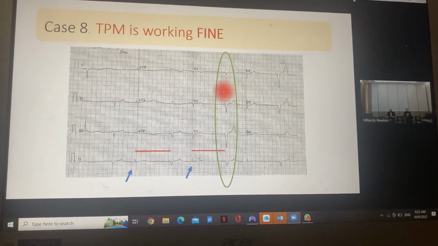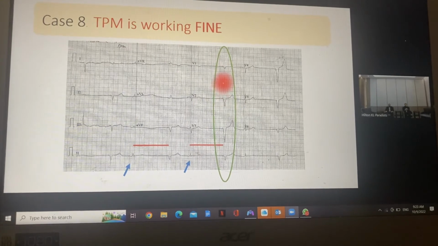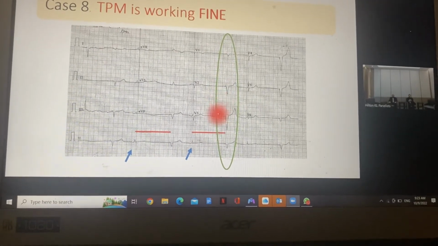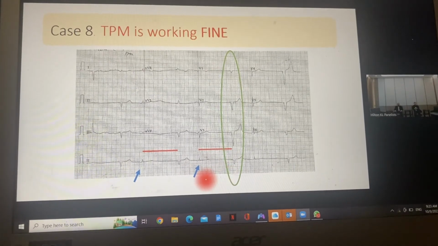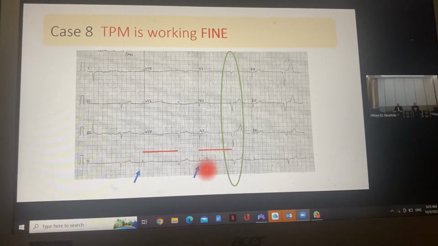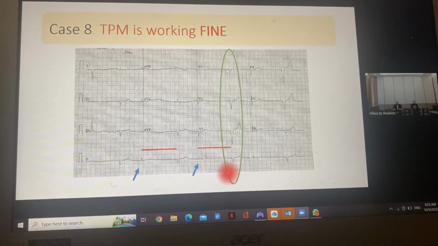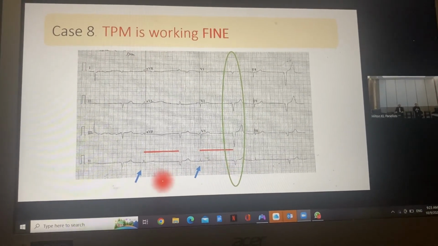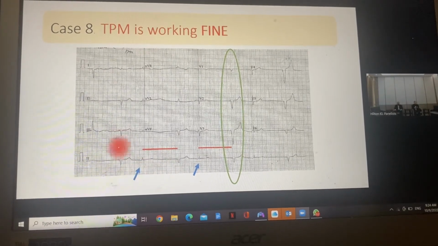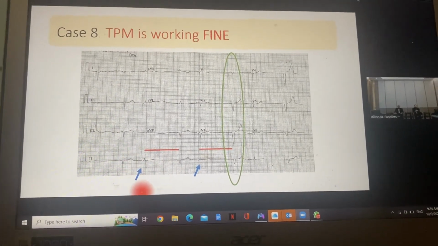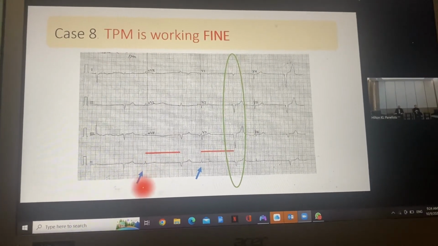As you can see, maybe you can see a little bit that there's a pacing spike, a bipolar spike, especially at V2. And look at the morphology, it is different compared to the intrinsic beat at lead 2. This is the intrinsic beat, and this is the paced beat. The TPM is working fine because it's following the template that it's supposed to follow. First, it detects the intrinsic beat, so that's why it's not doing anything.